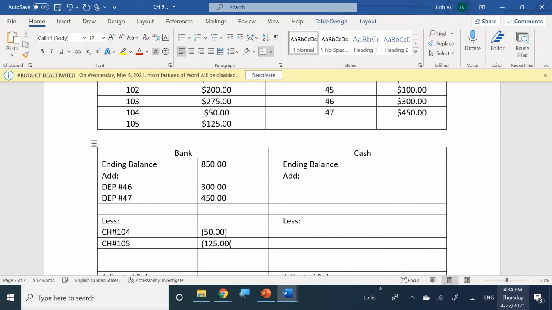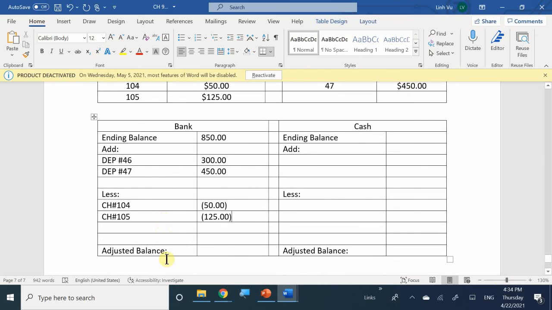So in grand total, what is my adjusted ending balance? $14.50.